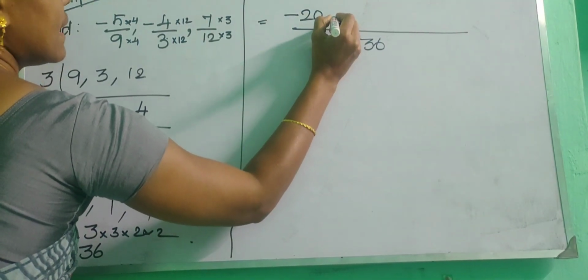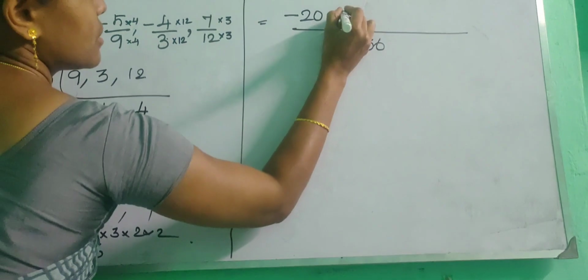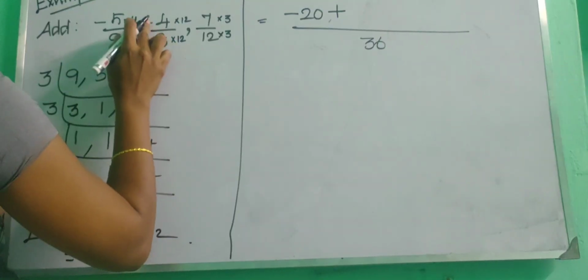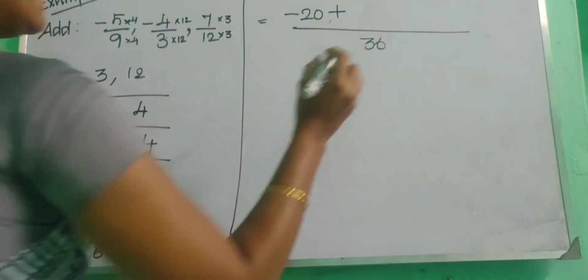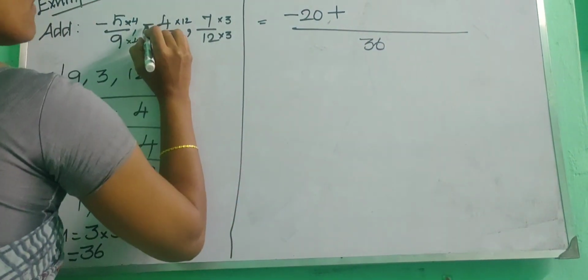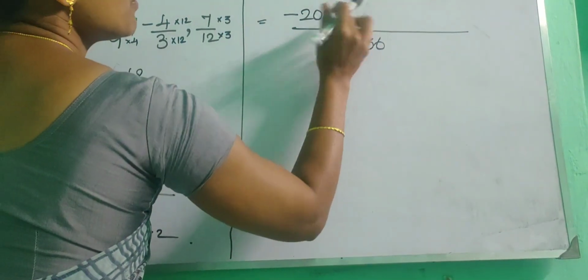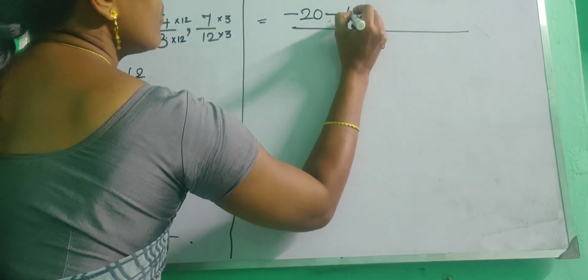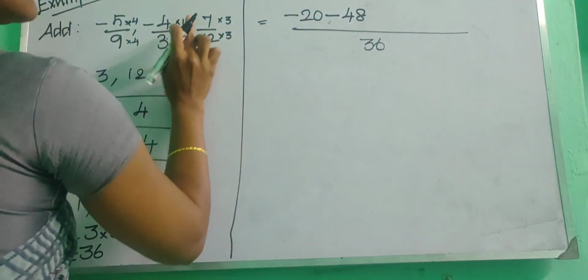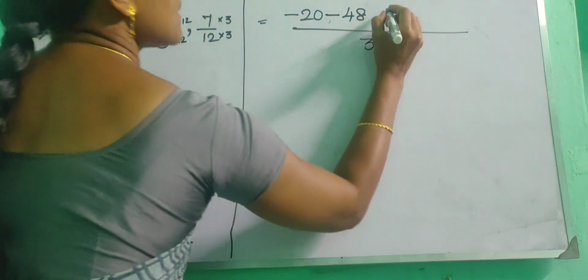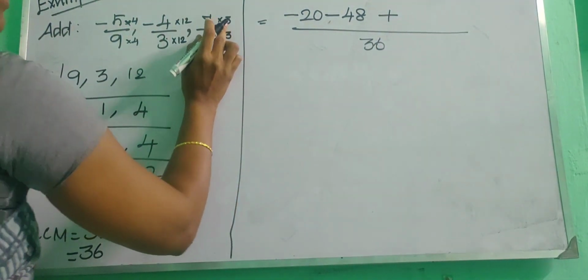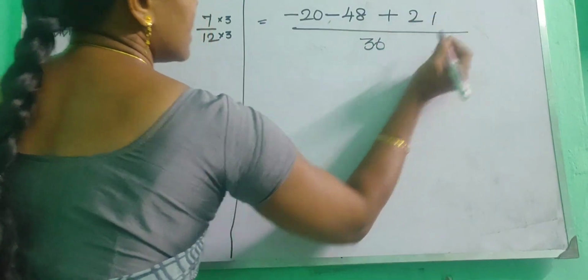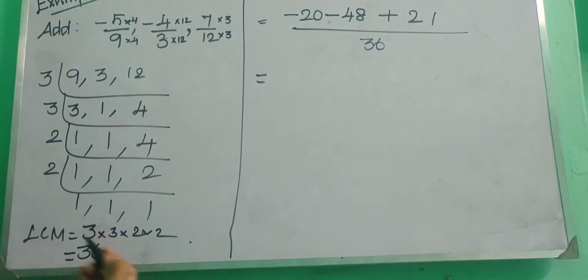So 20, and then put the plus symbol. After that, 4 12s are 48, right? Here we have a minus sign, so just put the minus sign. And here we have a plus sign, so just put the plus sign, and 7 3s are 21.